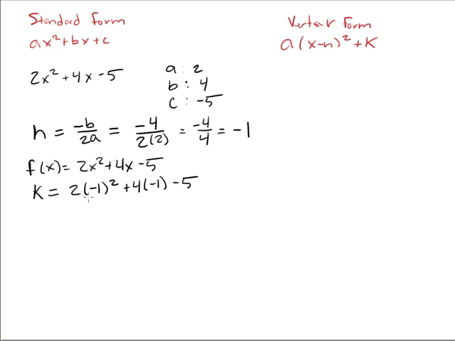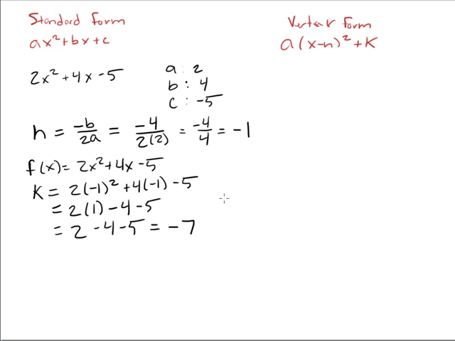Now all I need to do is simplify. So I've got 2 times -1 times -1 is going to be 2, minus 4 times 1, because it's 4 times -1, so minus 4 minus 5. 2 minus 4 minus 5, and we are going to end up with a -7 for k.